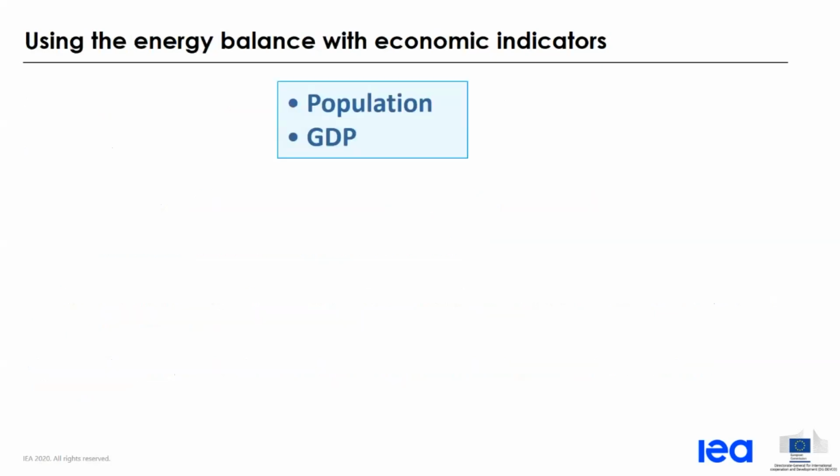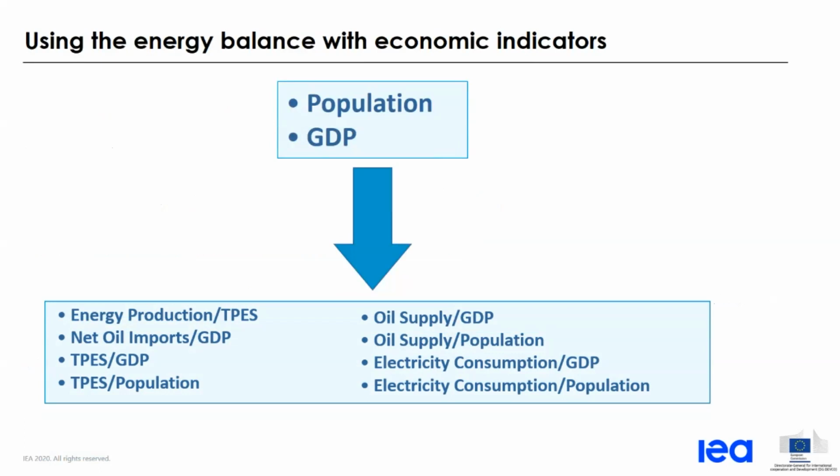Let's see now how you can use the energy balance data to calculate interesting indicators, coupling it, for example, with common indicators like the population or the GDP. You can, for example, calculate your energy production divided by the total primary energy supply. So you will know how much of the energy you supply to your country is produced by you and how much is instead imported.